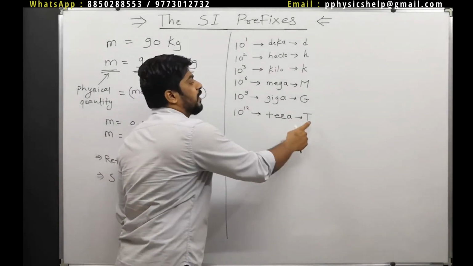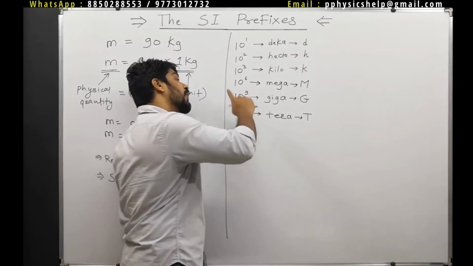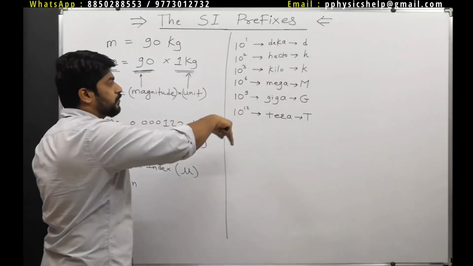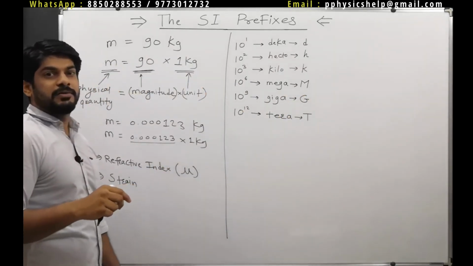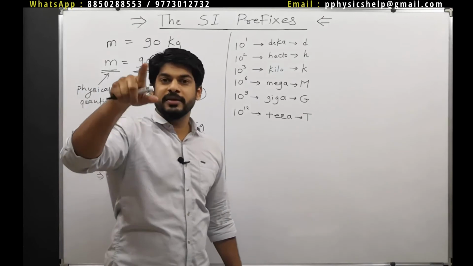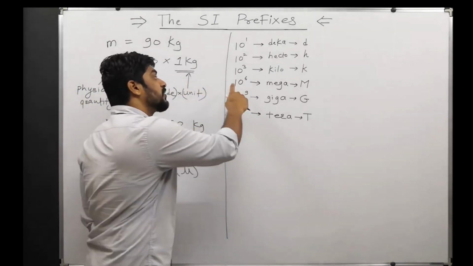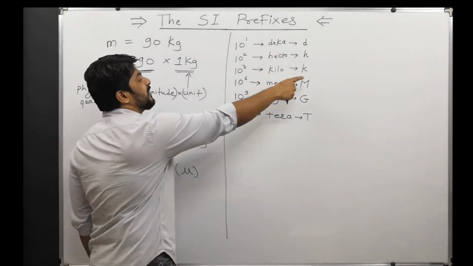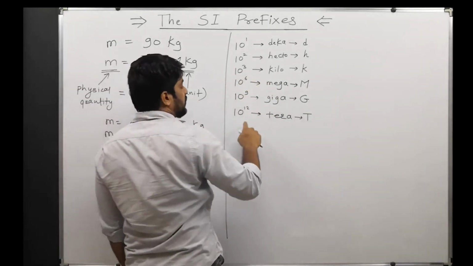And when you say terabytes, that means 10 raised to 12 bytes of memory. Also, you have seen mega, like MB. Photos are in MB, like 5 MB, so it is actually 10 raised to 6 bytes. Kilobytes, you can see KB. So these are some prefixes.